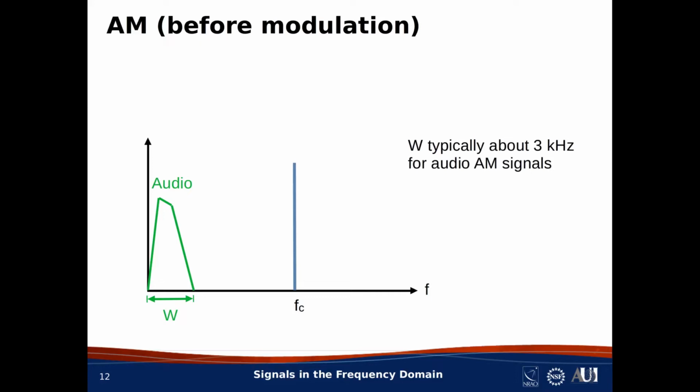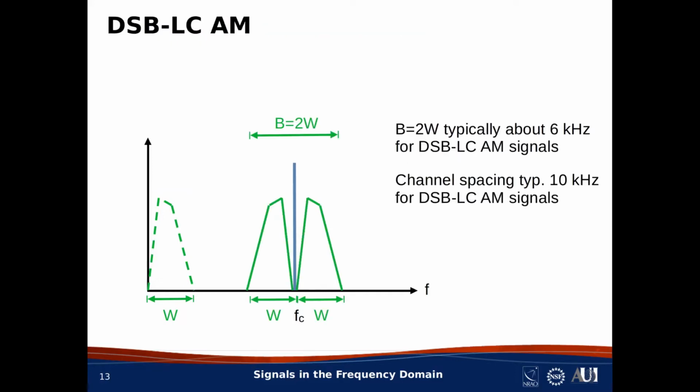Now what AM does is to modulate the carrier amplitude using this voice signal. If you do this using double sideband large carrier AM, then this is what we get. First, we see the carrier, and that's of course totally expected. But now we also see a copy of the audio spectrum appearing to the right of the carrier.